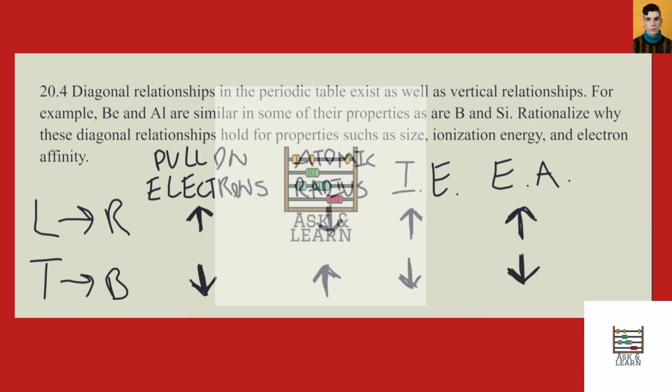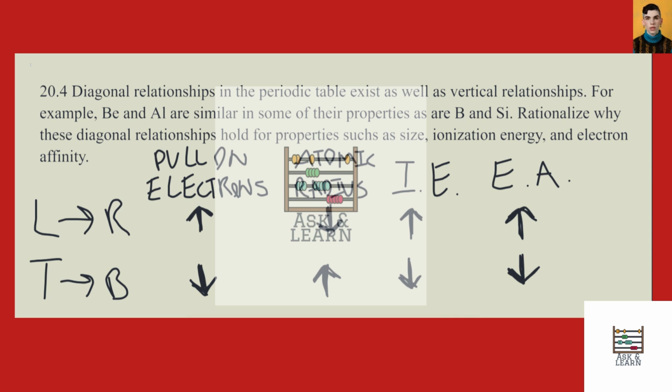And then if we think about ionization energy, as we go from left to right, ionization energy is the energy it takes to ionize an element, to remove one electron and produce an ion. So the energy it takes to remove an electron should go up as that attractive force that the outermost electrons are experiencing goes up.